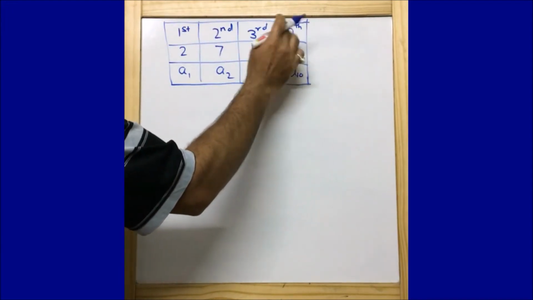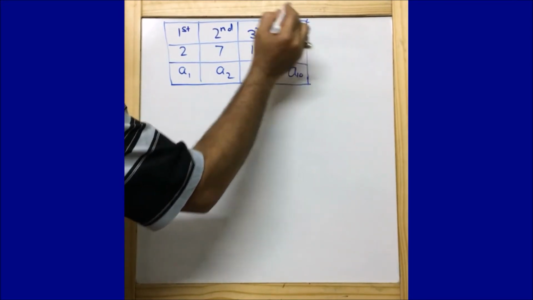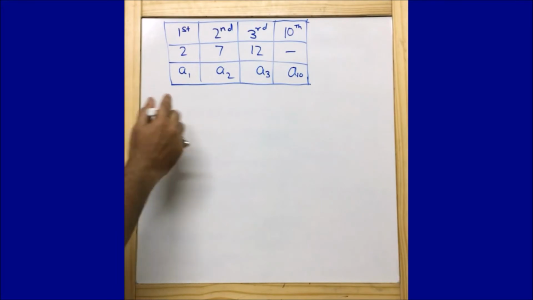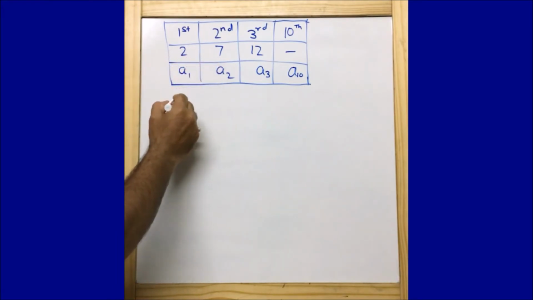Okay, fine. So guys, you could see the question is asking us to find out the sum of the 10th term of this given AP. That means this is an arithmetic progression. First of all, as this is an arithmetic progression, we have the common difference d.